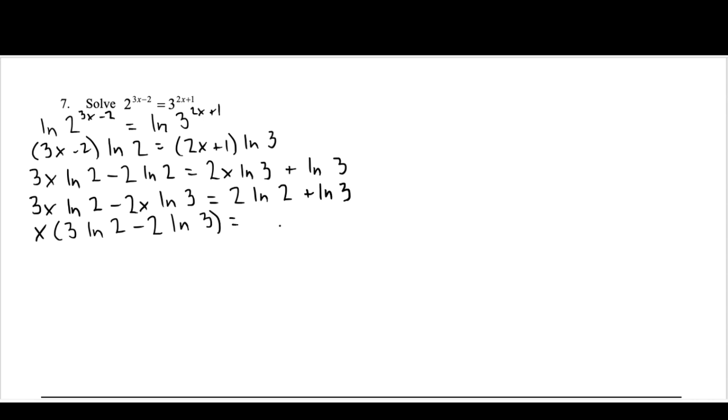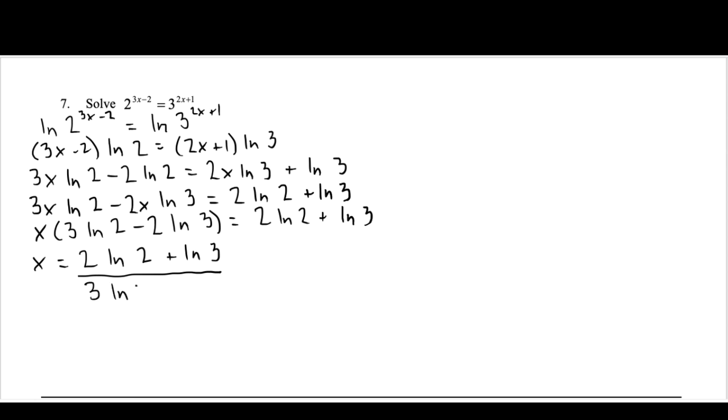On the right, I've got 2 ln 2 plus ln 3. Finally, I can solve for x by dividing both sides by the quantity inside the parentheses there. So I get x equals 2 ln 2 plus ln 3 divided by 3 ln 2 minus 2 ln 3.